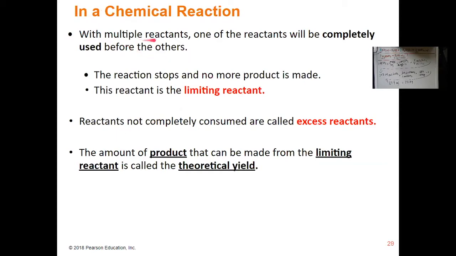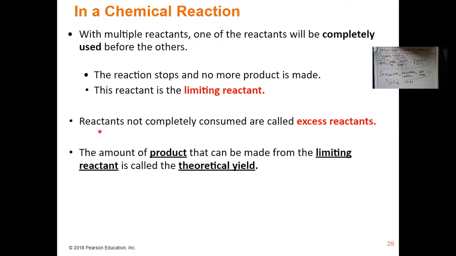When we have multiple reactants, which we usually do, that limiting reactant is going to be completely used up before anything else. At that point, the reaction stops and no more product gets made. That's why that reactant is called the limiting reactant.